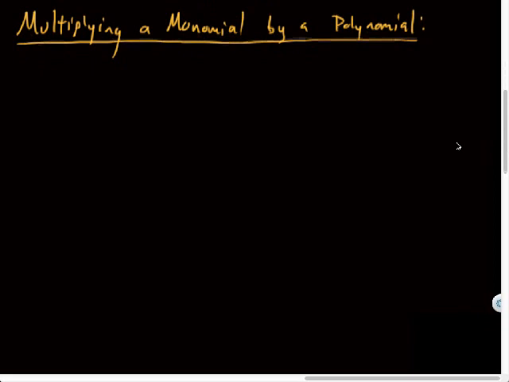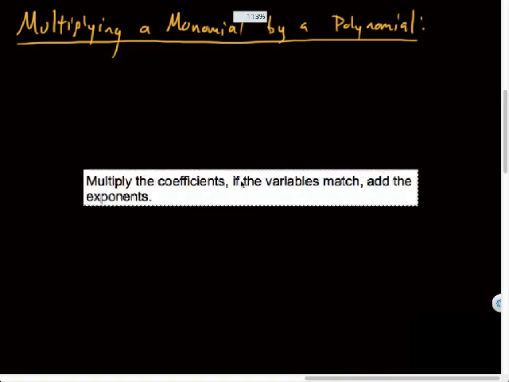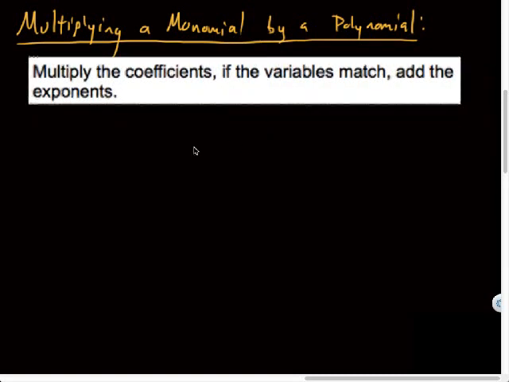In order to do this, we multiply the coefficients and we add the exponents if the variables match. So multiply the coefficients, and if the variables match, then I'm just straight up using my property of exponents. What do you mean match? Same base. They didn't necessarily have to start with the same exponent.